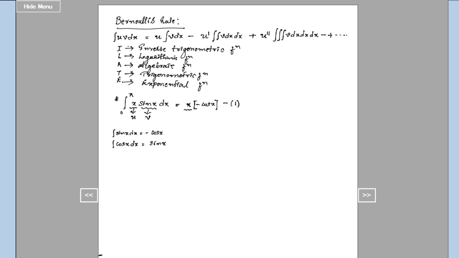Now integrate minus cos x. Minus is a constant. The integral of cos x is sin x, so you are left with sin x. Next, minus a plus, the differentiation of 1 is 0. So 0 into anything is 0, and we end at this stage of integrating.